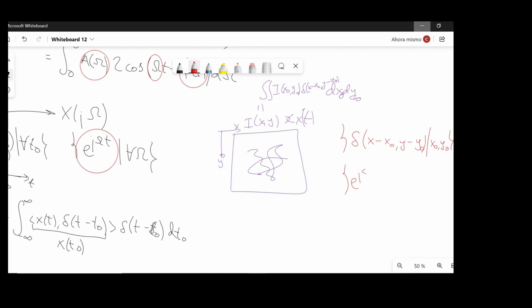So I will write omega, but now omega is a vector, times space, and space is now a vector, for all possible frequencies.